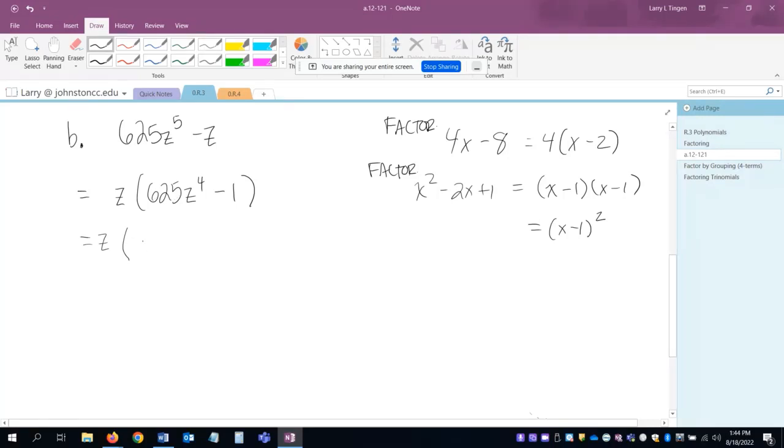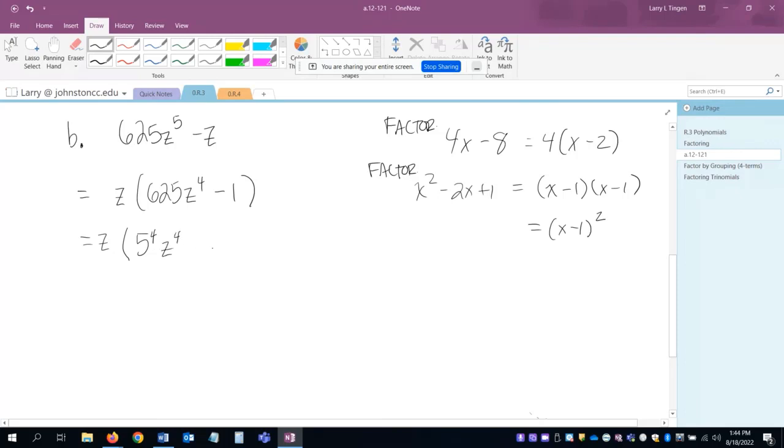And what is 625? 5 times 5 is 25, times 5 is 125, times 5 is 625. So that breaks down into 5 to the fourth.